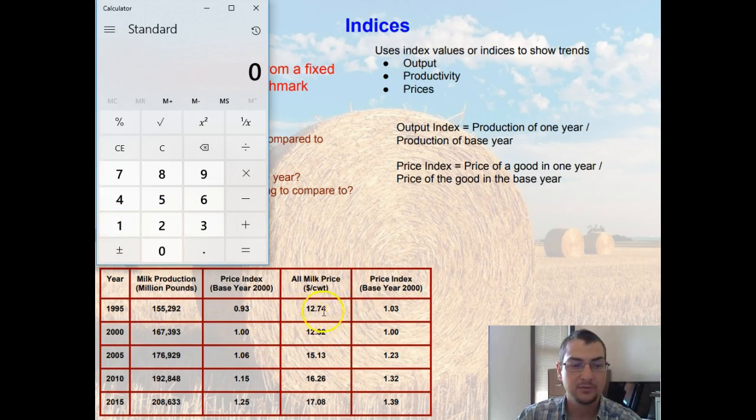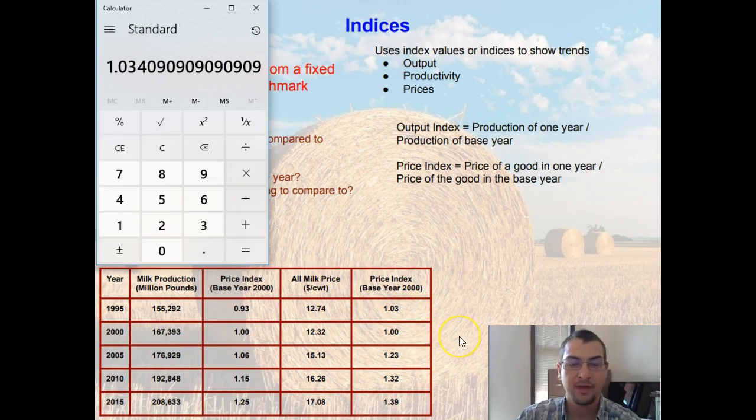We take a price of $12.74 divided by the price of milk in the base year of $12.32. We see that the price index comes out to be 1.03, meaning that milk prices were 3% higher in the year 1995.